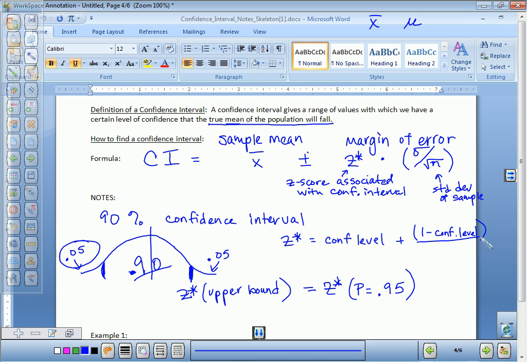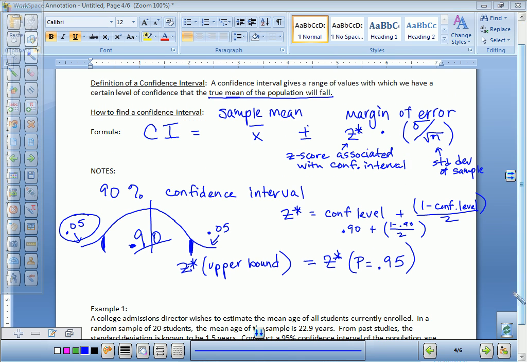Every time, that's what's going to happen. In our case, it was 0.90 plus 1 minus 0.90 divided by 2. Isn't that how we got 0.95? Some of you might like a formula. There's the formula. I like the picture. I like to draw it.